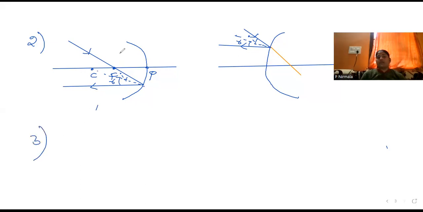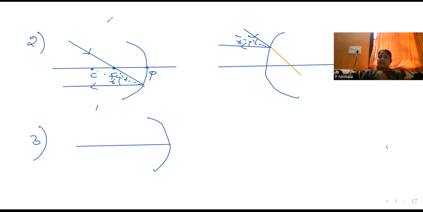First, we have seen the first case: it's directly incident to the mirror, then it is reflected through the focus point. If the ray is passing through the focus point and incident to the mirror, then it is reflected parallel to the principal axis. From one source, many infinite light rays come out, right?